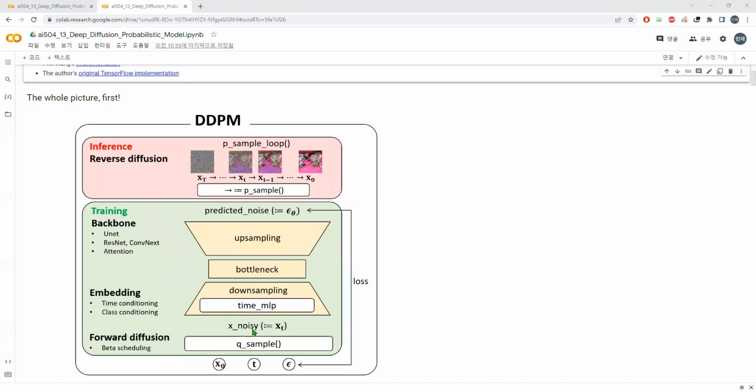Okay, then our noisy data goes into the UNet, which the original DDPM authors employed for their backbone.